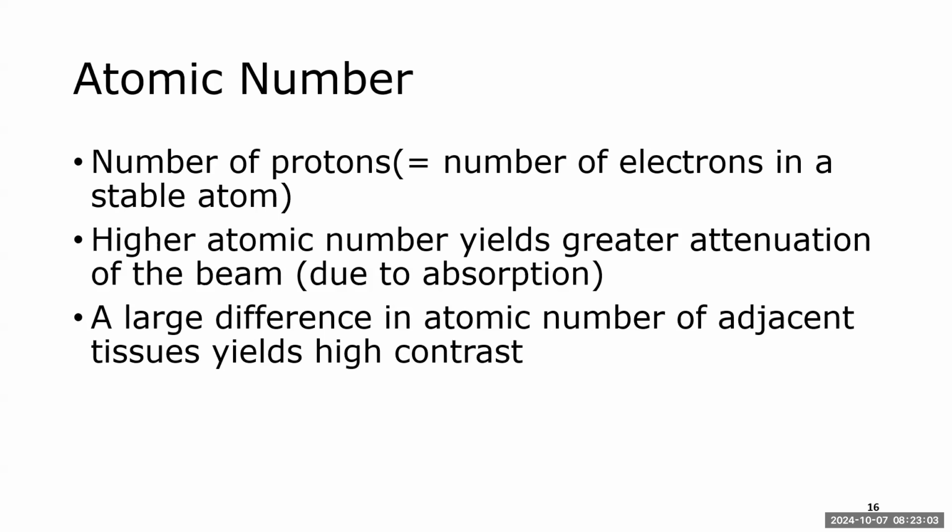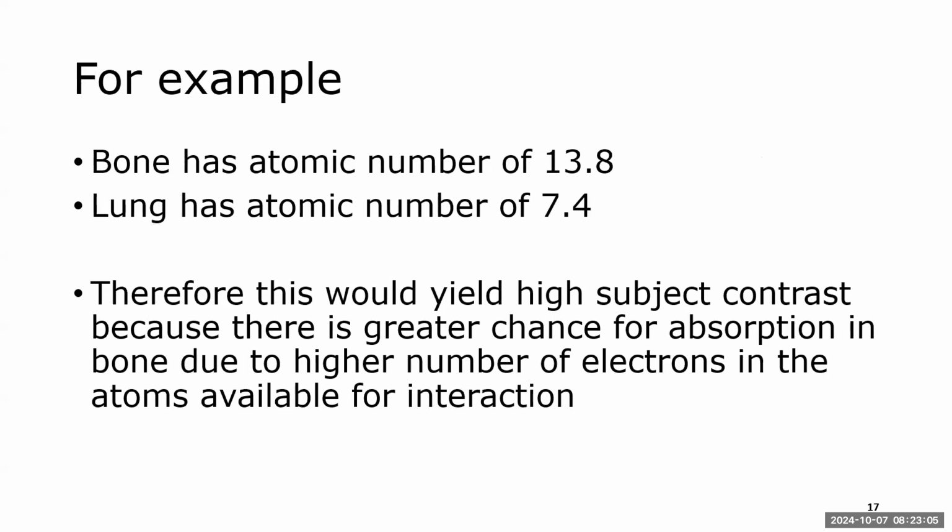I think I have an example here. So for example, bone has an atomic number of about 13.8, lung has atomic number of 7.4. So this is going to yield high subject contrast because there's greater chance for absorption in the bone due to the higher number of electrons in the atoms just available for interaction. There's just a better chance because there's more electrons out there, right, that could have an interaction.